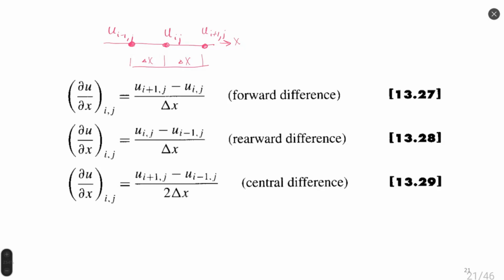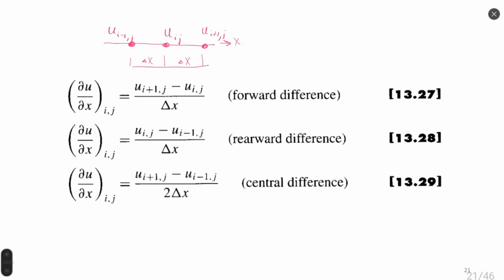You may ask one question: which approximation between these three should we use in our flow equations? It always depends on the equation type, or on the equation which we are solving in our system, and also depends on the process we are calculating.